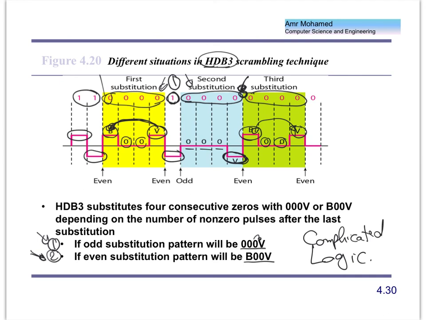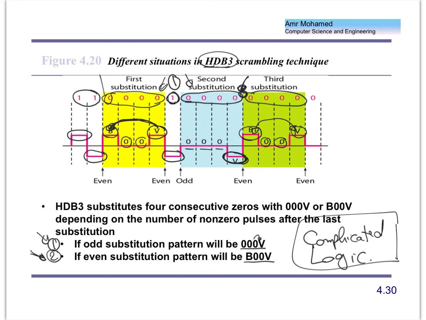That's why I said this logic is more complicated. The receiver doesn't only need to look at the current voltage level. It needs to go back in many cases to replace the voltage levels to ones or zeros. Is that clear? So any questions with this?